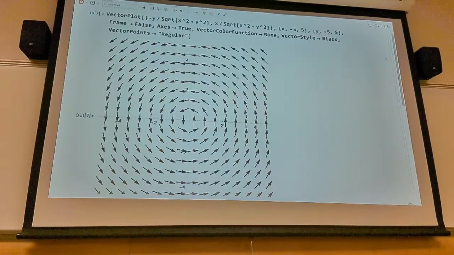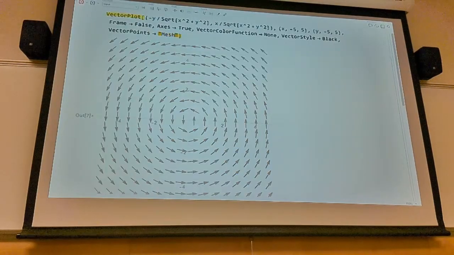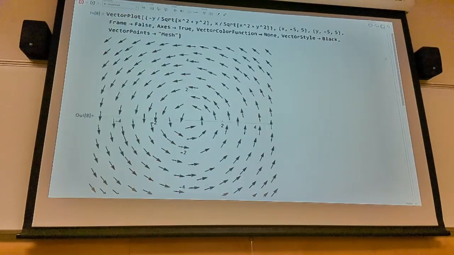Regular is typically what I use. But I just saw a new one. I wonder what mesh would look like here. That's actually not bad either. I think I might like that one better.